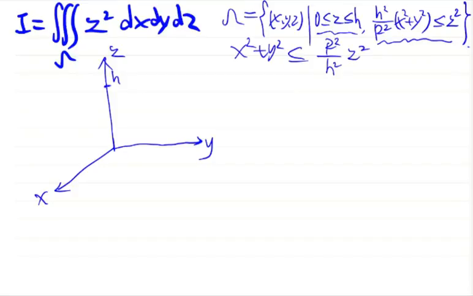So this is a cone. You take this as an equality, then this is the surface, the cone, whose vertex is at the origin and whose axis is the z-axis. And when z equals h, this will cancel. Therefore, the projection is a disk in the xy plane, which has radius capital R. So this is the cone.